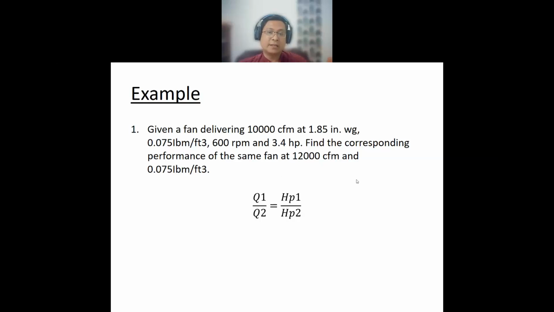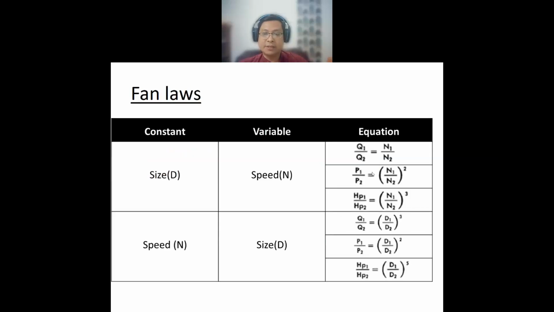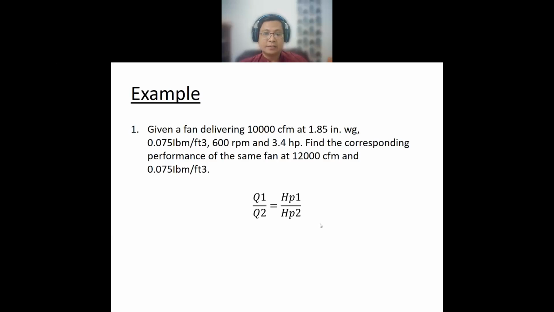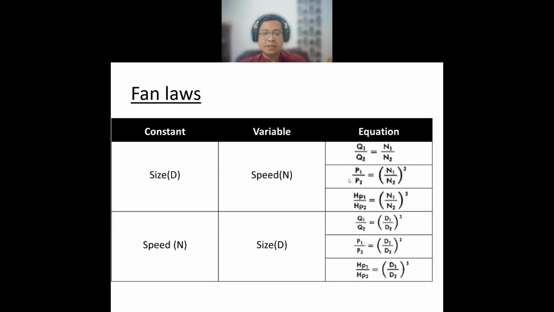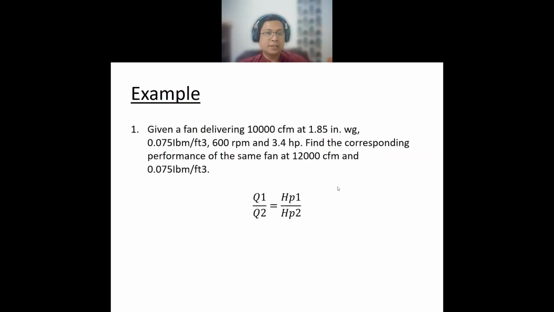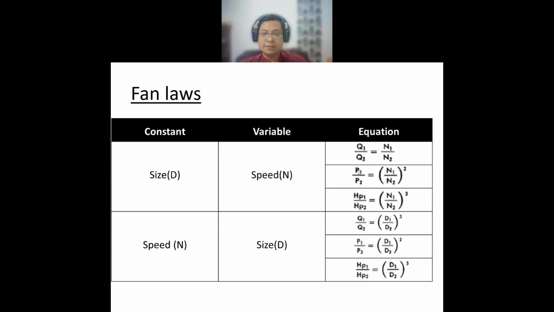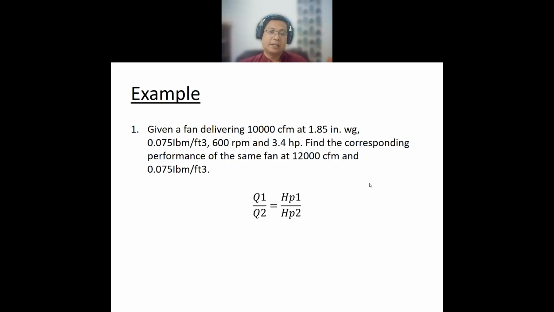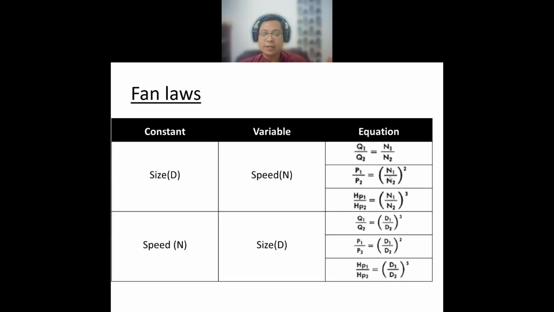Maybe we can refer to this table for what we need to determine, like the pressure and the RPM. You can determine the RPM, and the rotation, from this formula.